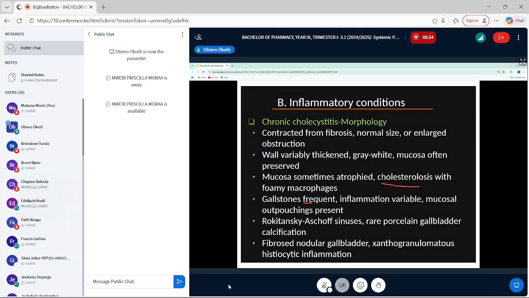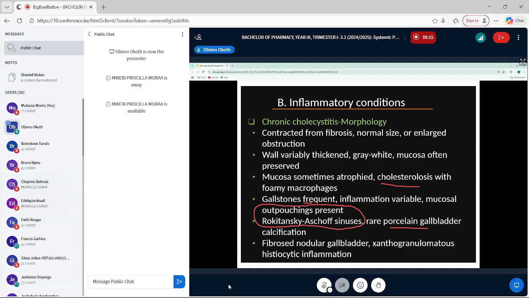The inflammation is normally variable. You can have mucosal outpouchings. This mucosal outpouching is normally what we call Rokitansky-Aschoff sinuses. It's the same word. You can have a porcelain gallbladder. Porcelain gallbladder is a gallbladder that is calcified. The problem is the porcelain gallbladder is normally a risk factor for carcinoma.